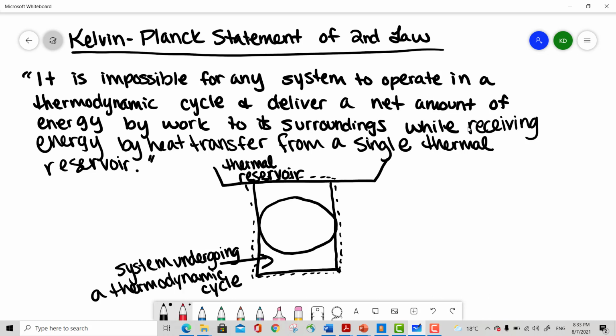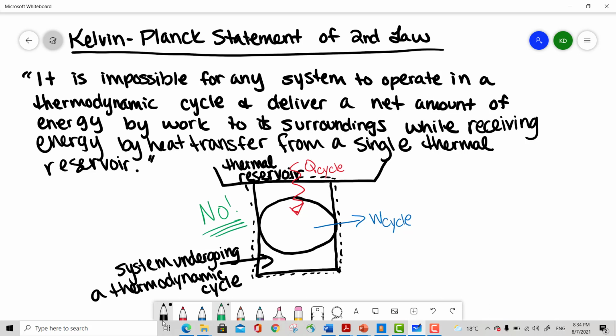What it's saying is that if we have heat from a single reservoir, so this is heat transfer into the cycle, and then we have work from the cycle, that this cannot happen.